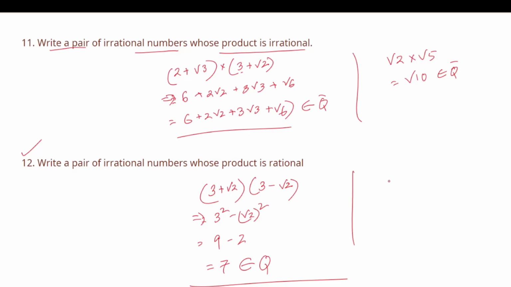Similarly, you can take another example, say root 2 multiplied by root 8. This is equal to root 2 into root 2 into root 2 into root 2. So this is equal to 2 into 2, which is equal to 4. This is a rational number.